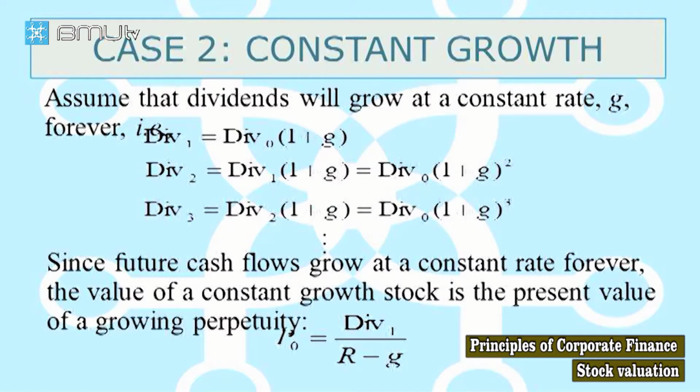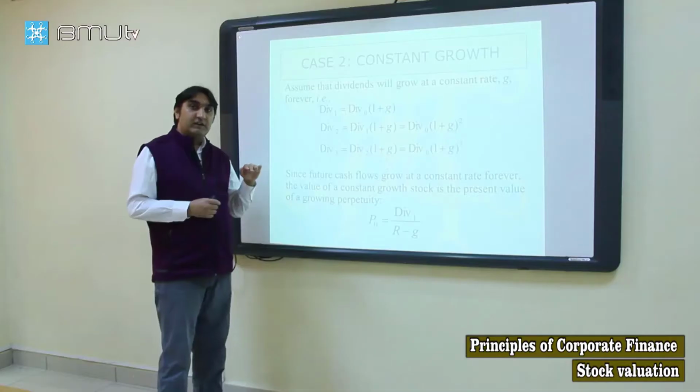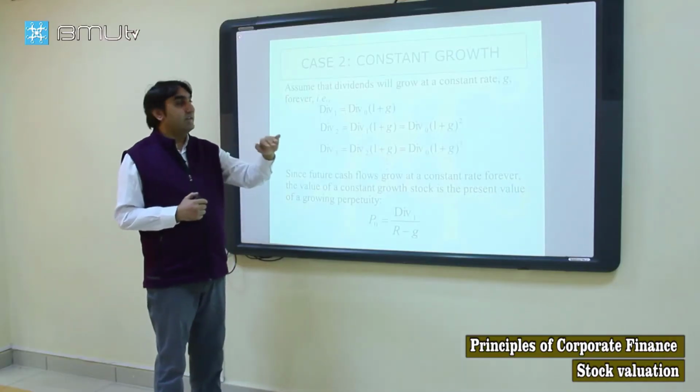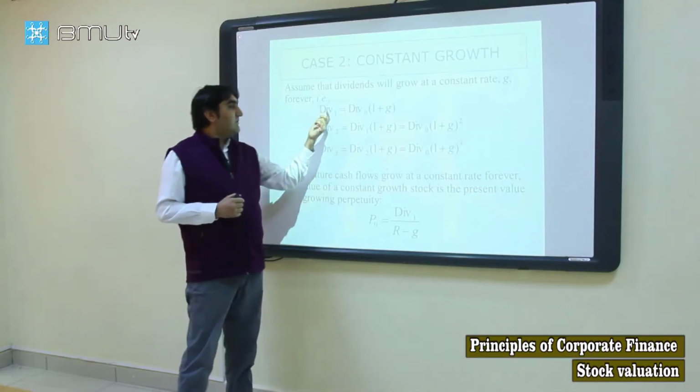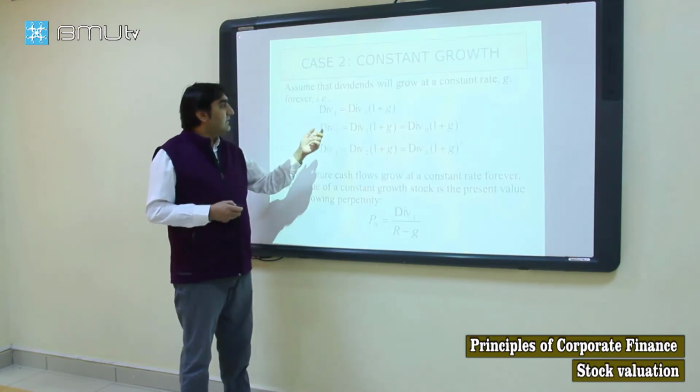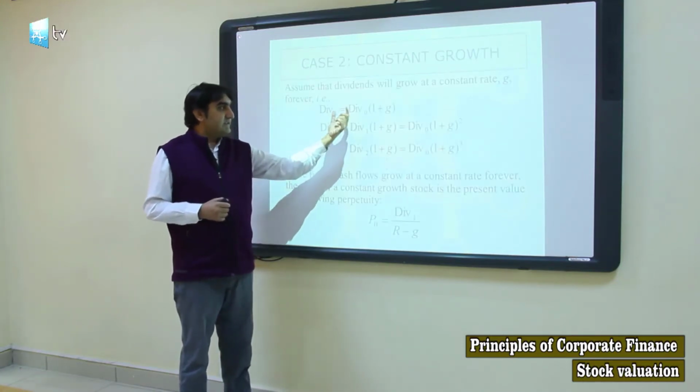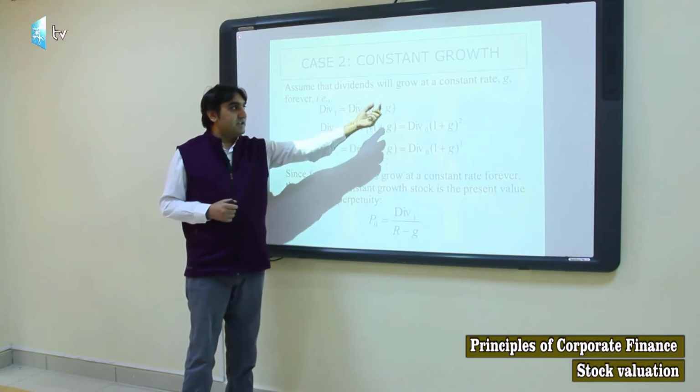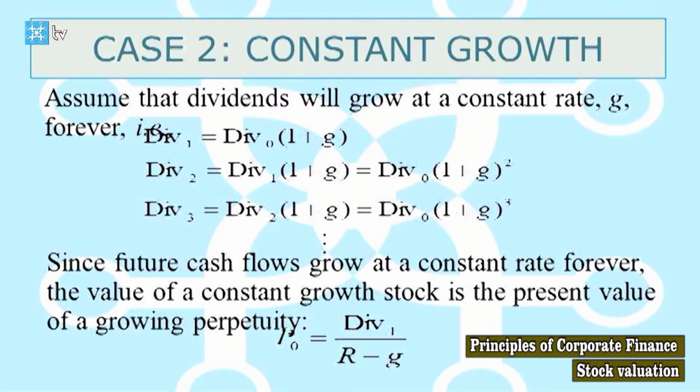The second scenario of dividend dynamics is not constant, but growing at a constant rate. That is, the next period's dividend equals the recent dividend times 1 plus g. It grows at rate g forever.